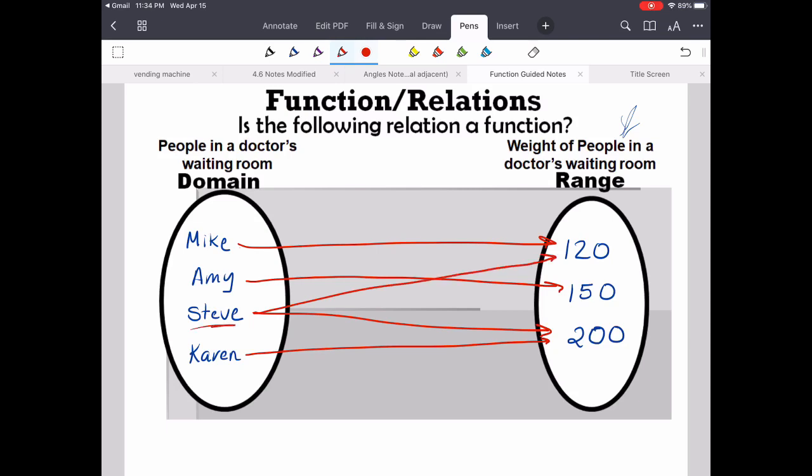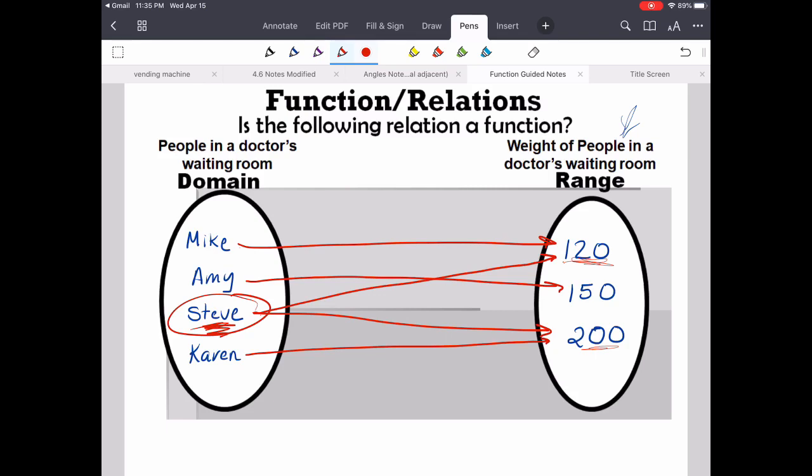Is Steve going to weigh in at 120 and on the same day, the very minute that he weighs in at the doctor's office, the scale is also going to say 200? Is that possible? No, that would be a malfunctioning, non-operative scale. Like I'm talking about the vending machine, that scale would not be functioning if it gave me 2 different weights for Steve. So I like those real life examples of what makes a function and what doesn't make a function.